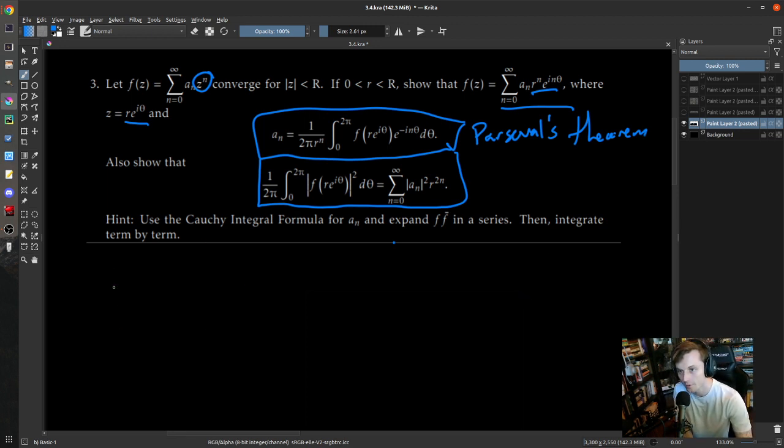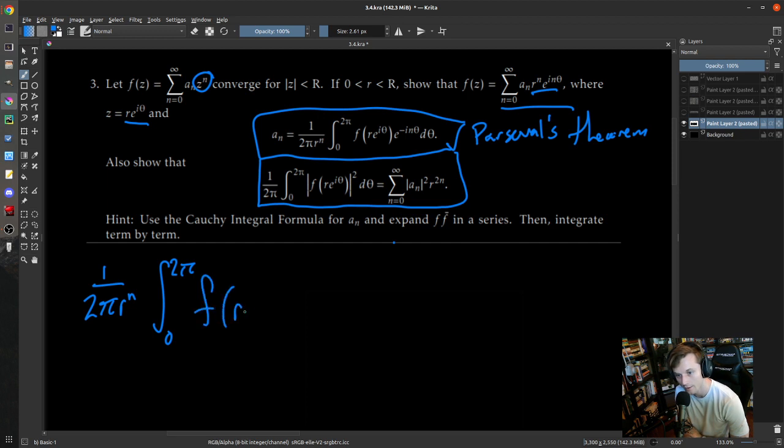To do the first part, the trick is not that bad. To start with, we'll take 1 over 2 pi r to the n, integral from 0 to 2 pi of f of r e to the i theta times e to the minus i n theta d theta. We'll do some basic manipulations.